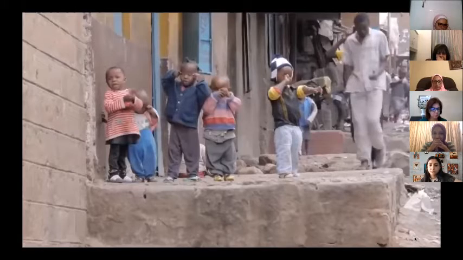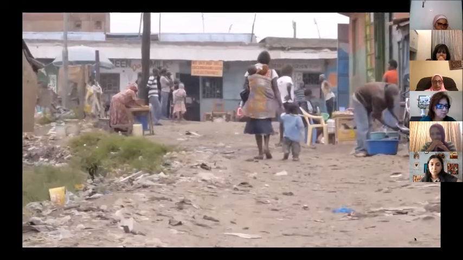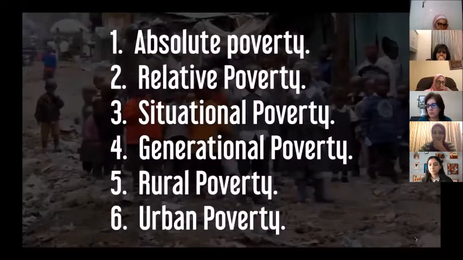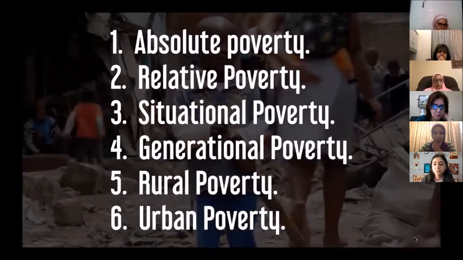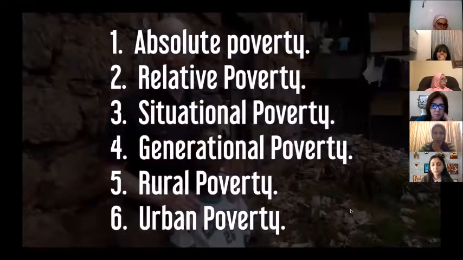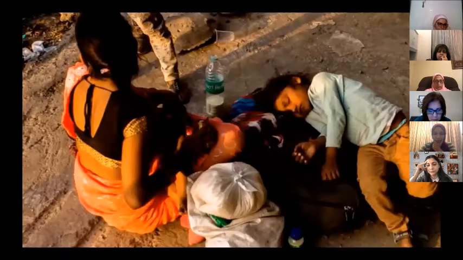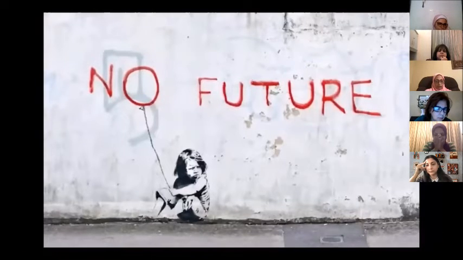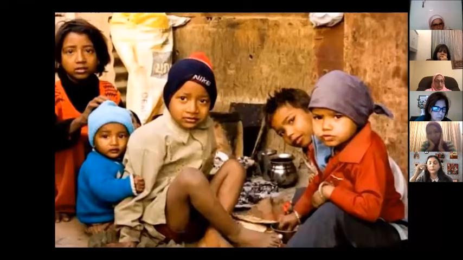35,000 a day. On the basis of social, economical, and political aspects, there are different ways to identify the type of poverty. Absolute poverty, relative poverty, situational poverty, generational poverty, rural poverty, and urban poverty. Today, the estimates of global poverty account for nearly 8.6% of the world. People who live in extreme poverty live on a daily basis of $1.90 or less.